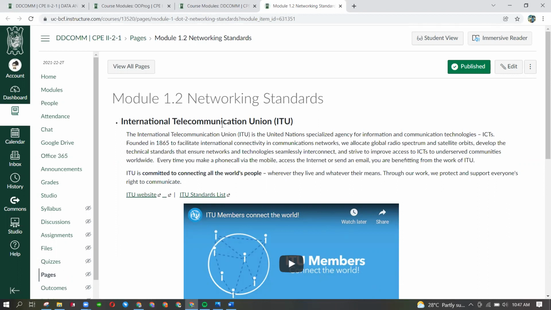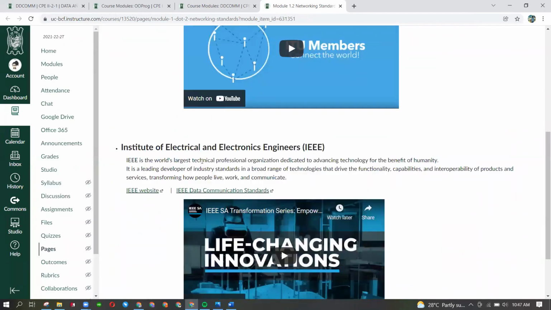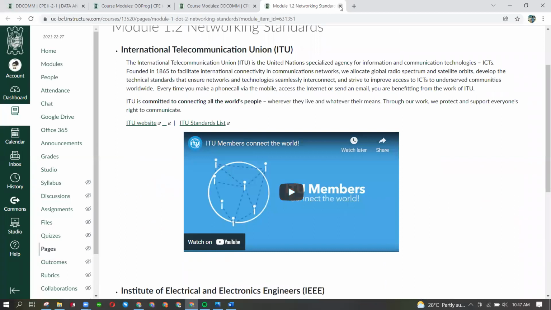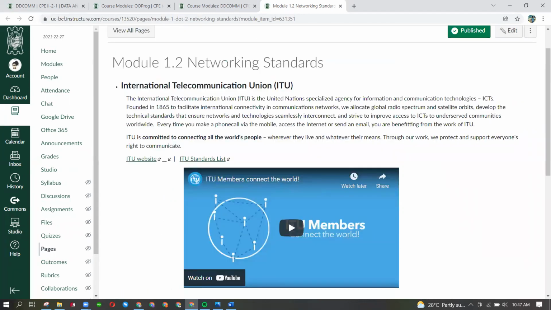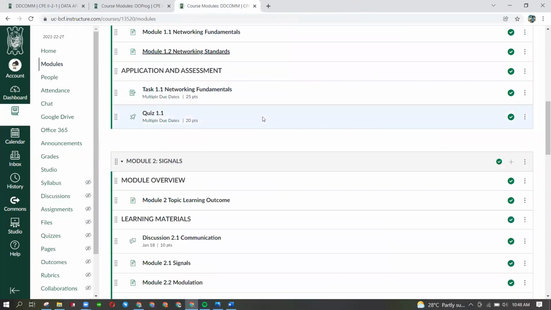The International Telecommunication Union, under the United Nations, and then we have IEEE, a technical professional organization. I hope you watch those video clips because they explain the job and the goals of these network standards organizations. So that's the networking fundamentals.